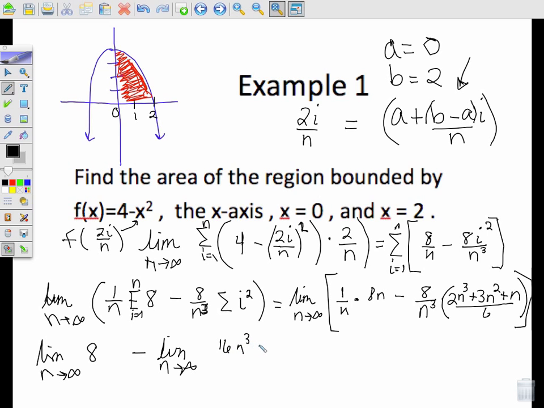If I distribute the 8, I've got 16n to the third plus 24n squared plus 8n, and this is all over 6n to the third.